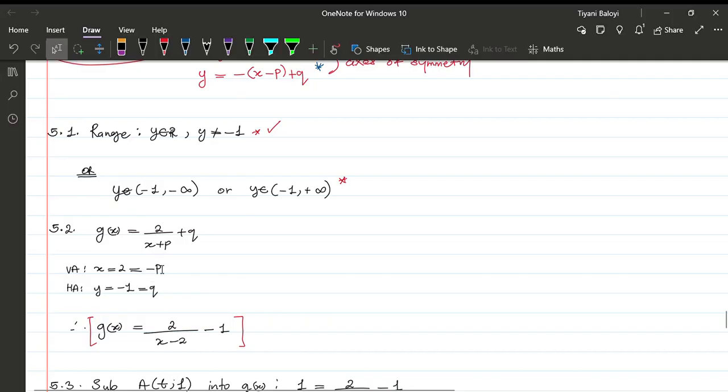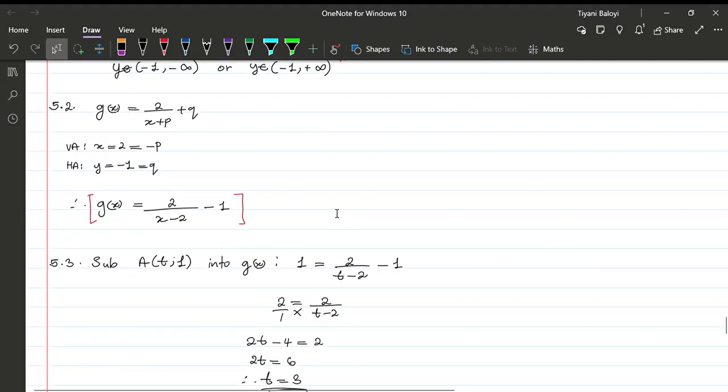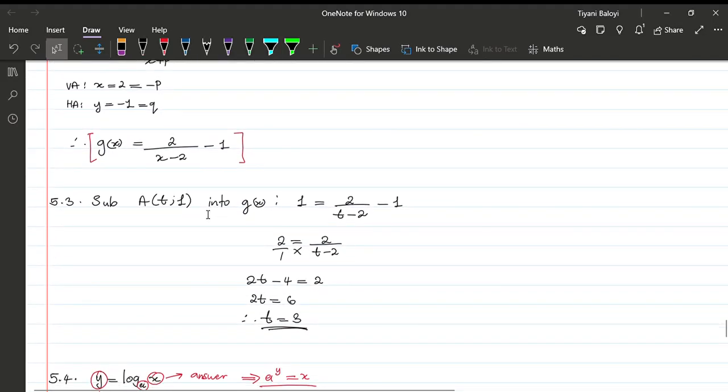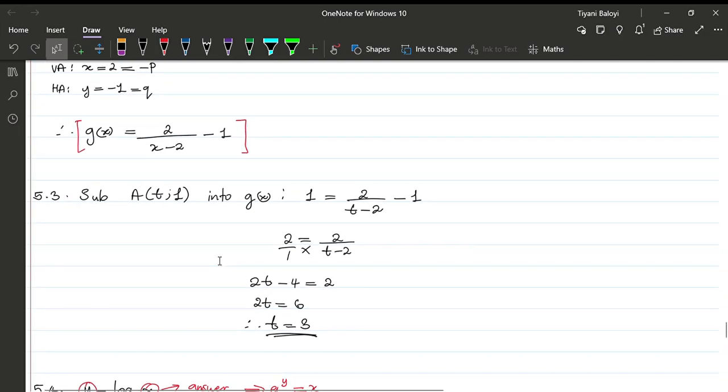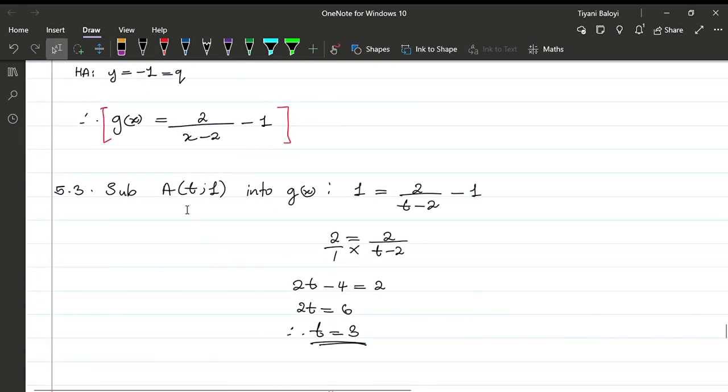Since you have positive p, you can just take this negative to this side. So you have negative 2 there, and negative 1 there, because y is equal to q, which is negative 1. That's your function. We wanted to find the value of t, which is the x coordinate of a. We know that a is a point of intersection between f and g, so it also lies on g. We know what g is, substitute, we get t.